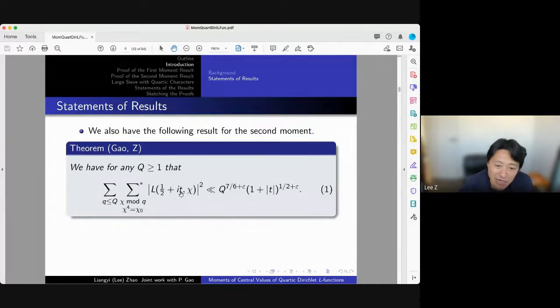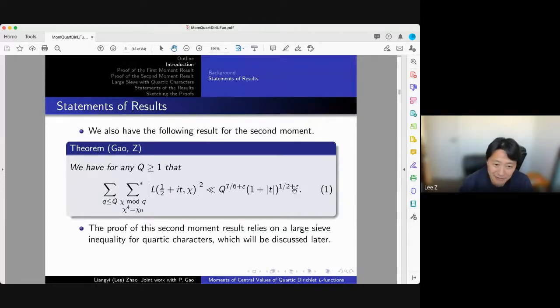So over here, I don't have an asymptotic formula, but rather an upper bound. Q to the 7/6 plus epsilon multiplied by 1 plus T to the 1/2 plus epsilon. So I have an upper bound for this second moment.